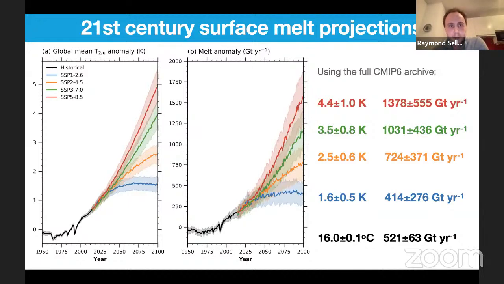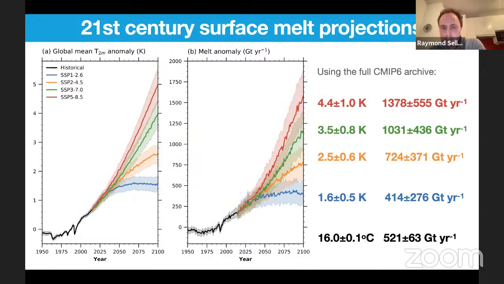On the left side, the near surface temperature global mean anomaly and the melt anomaly for Greenland ice sheet surface melt. For the historical period baseline, there's a 16 degree global mean temperature and 521 gigatons per year of ice sheet melt.